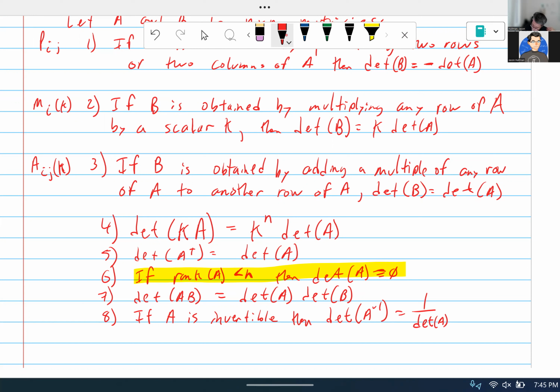Given that the determinant of the original matrix cannot be 0. If the determinant of the original matrix is 0, then it may not be invertible to begin with.